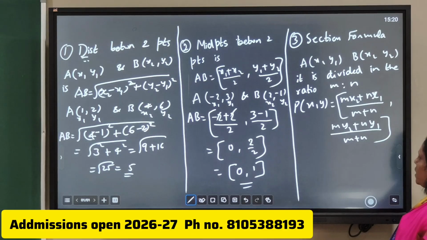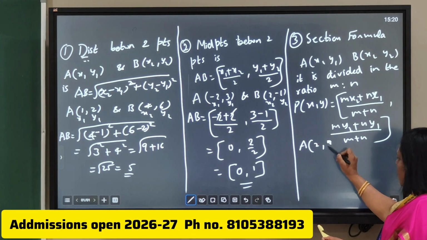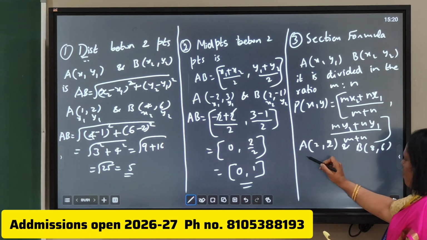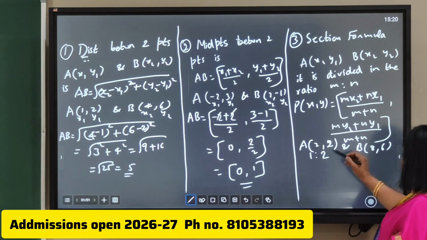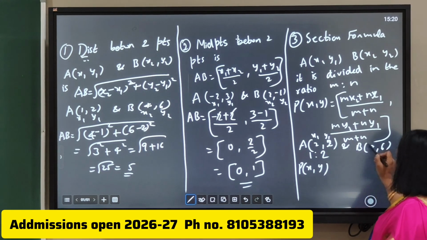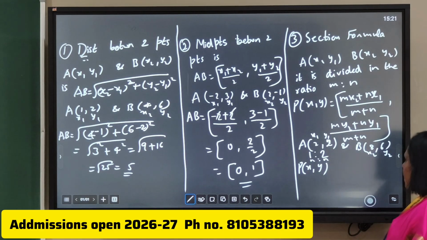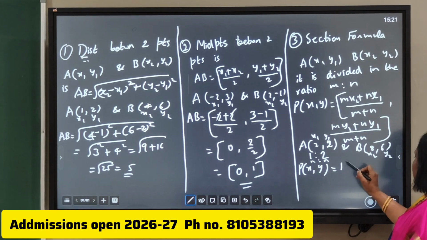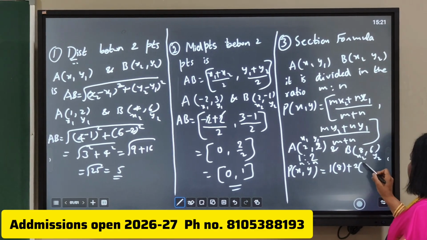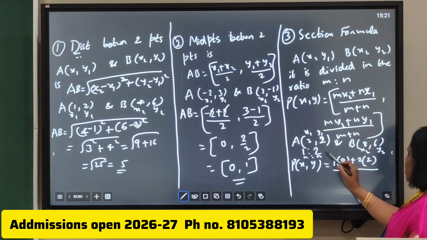The third one is using section formula. We have A is equal to 2, and B is equal to 8, 6 in the ratio of 1 is to 2. So let us substitute P of x comma y. We can take this as x1, y1, x2 and y2 in the ratio of m is to n. So m is 1, 1 into x2 is 8 plus n is 2, 2 into x1 is 2 divided by m plus n, 1 plus 2 is 3.